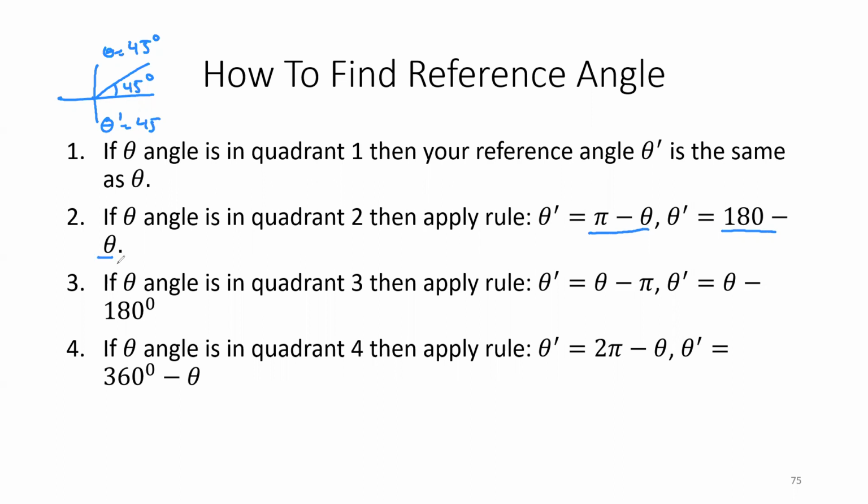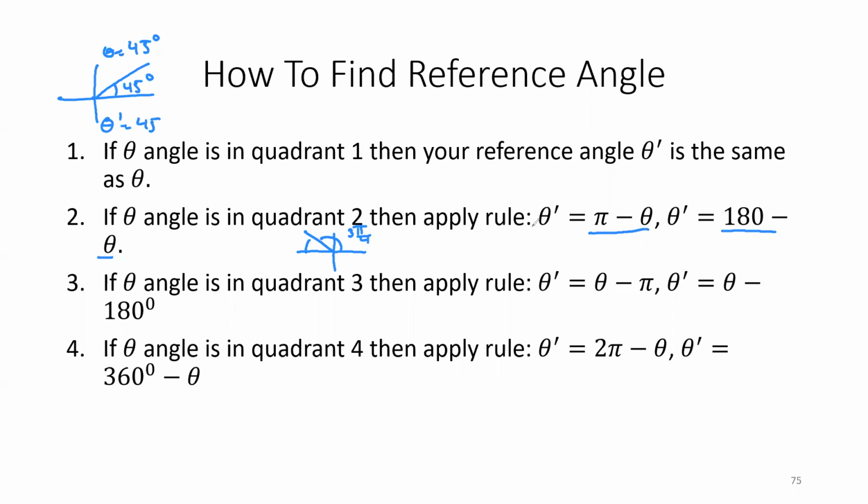So for example, what's an angle in quadrant two? Get my unit circle. An angle in quadrant two would be like 3 pi over 4. And your reference angle would be here.